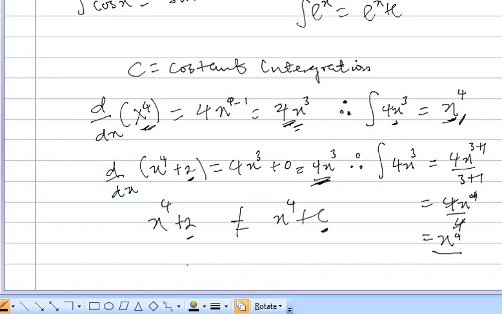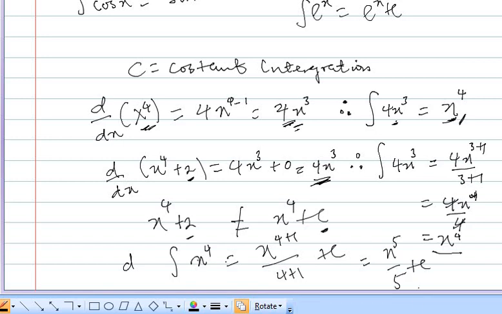So if you integrate, let's say, the integral of x to the power of 4, you should say x raised to the power of 4 plus 1 all over 4 plus 1, then plus c, which will be x raised to the power of 5 over 5 plus c.